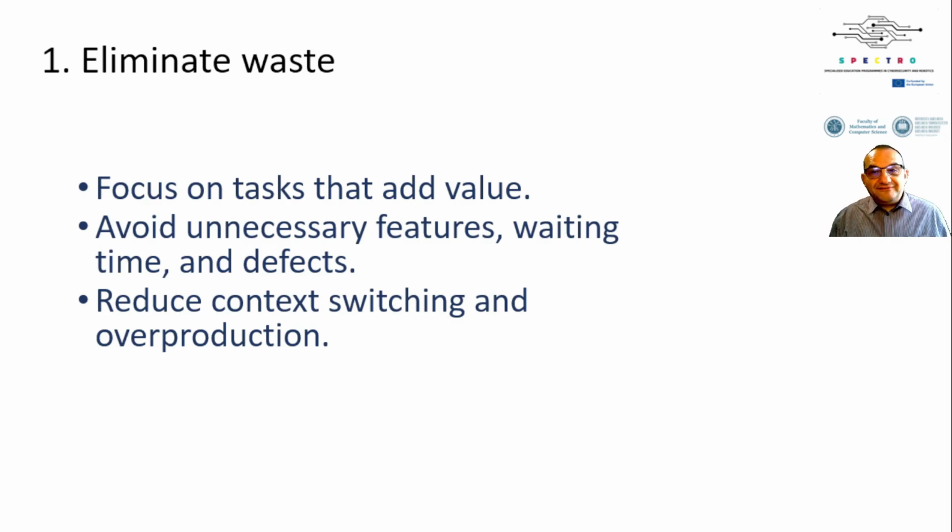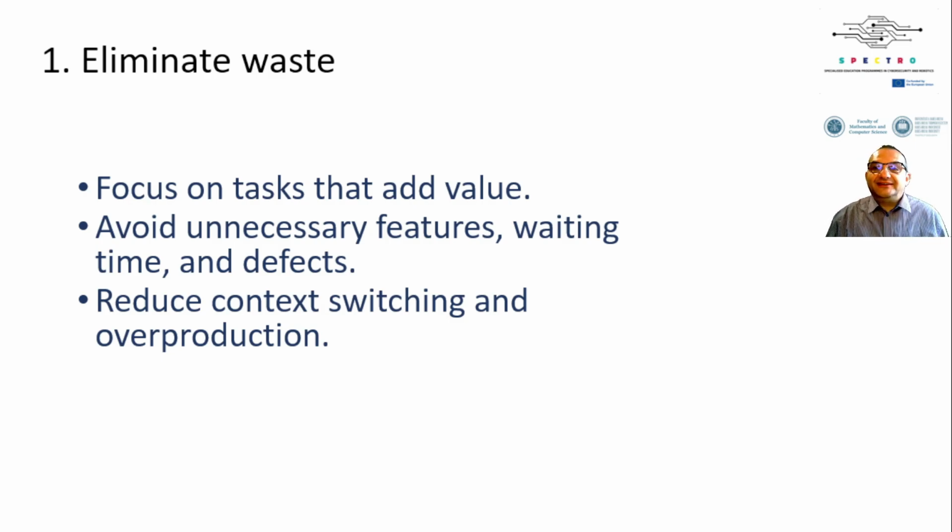This principle emphasizes focusing only on tasks that deliver value to the customer. Unnecessary features, waiting times, and defects are all examples of waste that should be avoided. Even context switching or overproduction can slow down your team and disrupt your workflow.